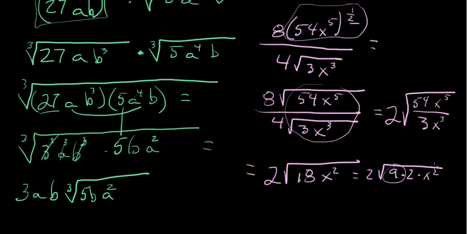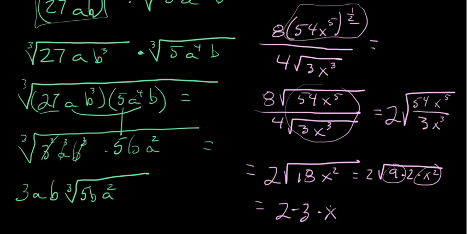So this and this can come out from underneath that. And so what I end up with is 2 times 3, because the square root of 9 is 3, times x, because the square root of x squared is x. And I don't have to worry about my absolute value, because of that little thing I said a little while ago that said assume all values for all variables are positive.